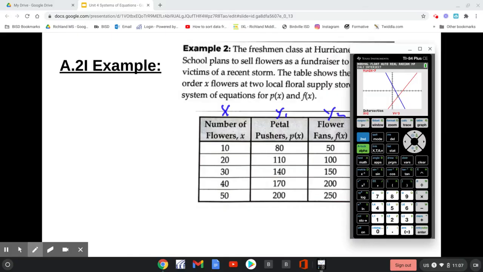I'm going to hit stat, enter, and I'm going to put this in the calculator. I'm going to put in 10, 20, 30, 40, 50.